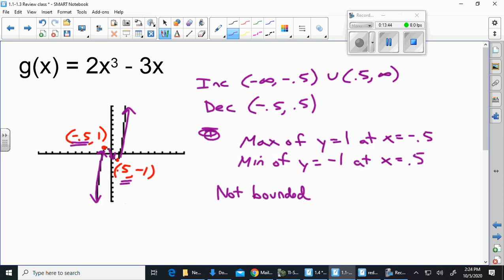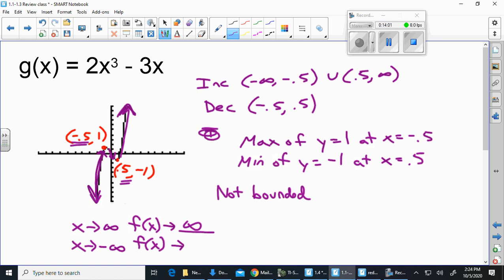It does not have an absolute max or min. I would say as x goes to infinity, as you look to the right, your graph is going up. As you look to the left, your graph is going down, negative infinity.